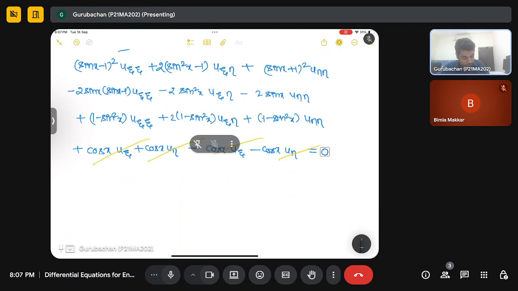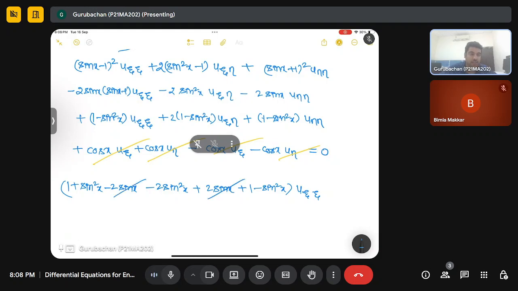So this will be 1 plus sin square x minus 2 sin x minus 2 sin square x plus 2 sin x. Okay, and the last expression is 1 minus sin square x u xi xi.